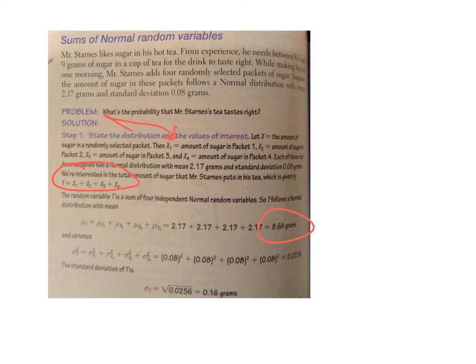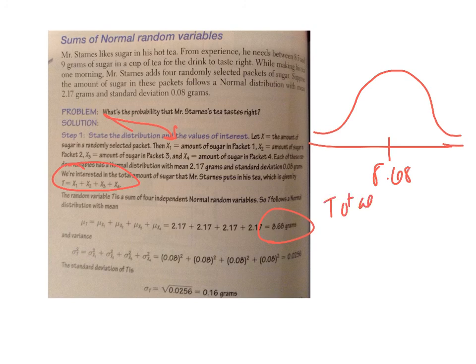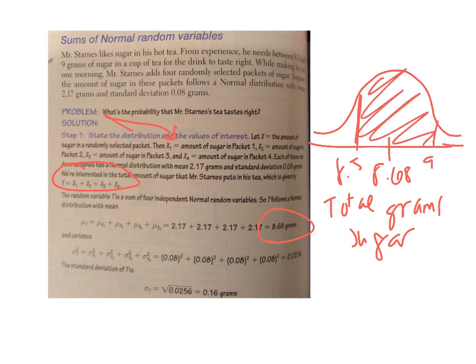When I draw my picture, at my mean I have 8.68 grams, the total grams of sugar. What I'm looking for is between 8.5 and 9 grams of sugar, on a normal curve with a mean of 8.68 and a standard deviation of 0.16.